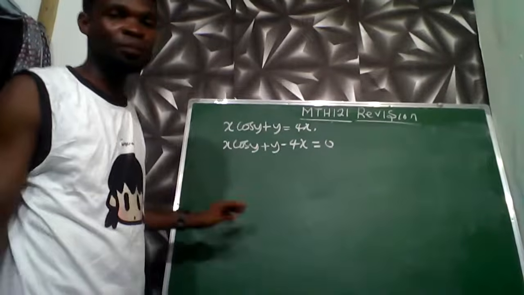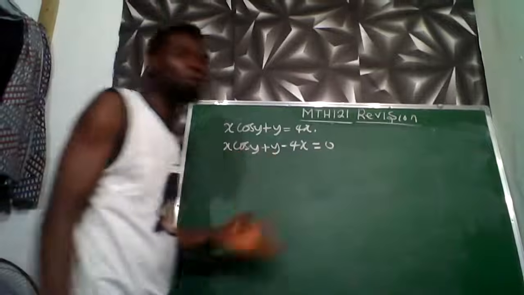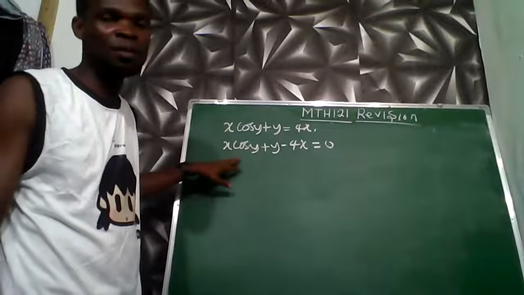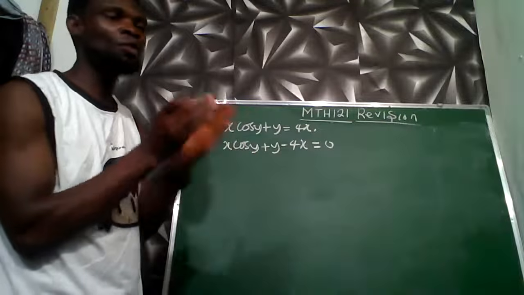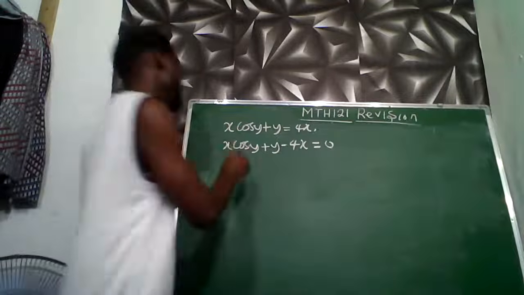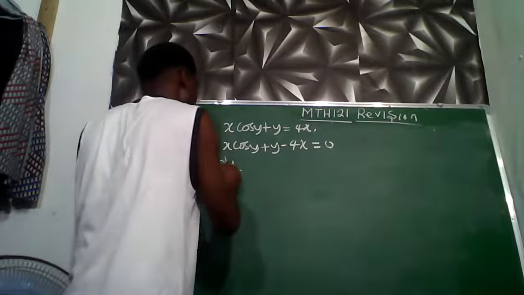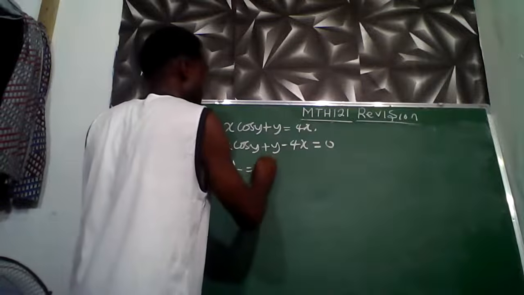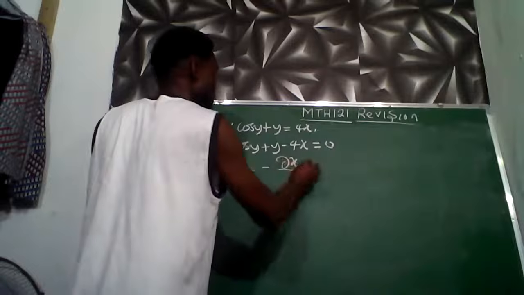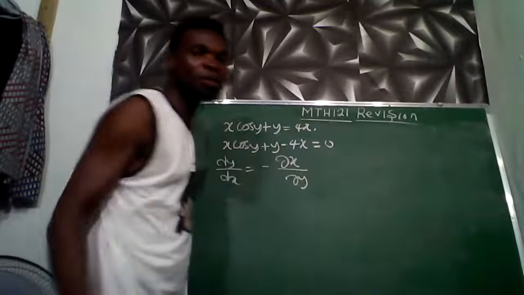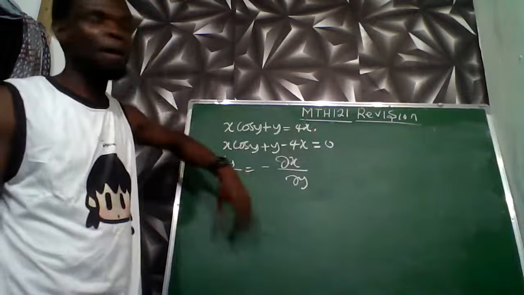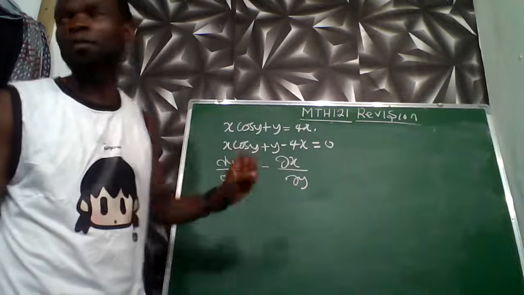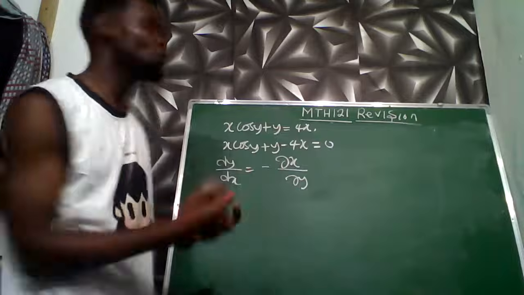That's the first step. Then to differentiate this implicitly, we are going to use a shortcut, and that is to remember the formula dy/dx is equal to minus partial x over partial y. That is to say, we are going to differentiate it partially with respect to x and partially with respect to y.